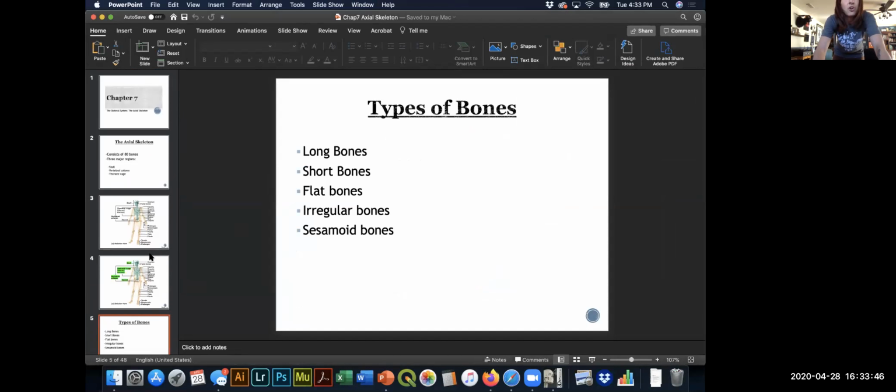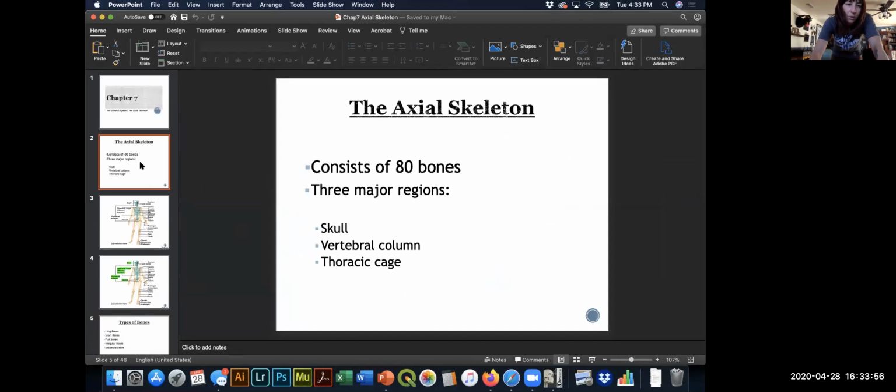The pelvic girdle offers protection to some of the vital organs of your lower abdomen, right? But your axial skeleton is really where the important protection is happening, because you're protecting your brain, your spine, and your heart and lungs. Yes, excellent question. Thank you. No problem.